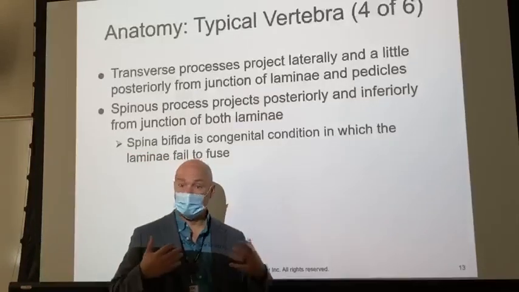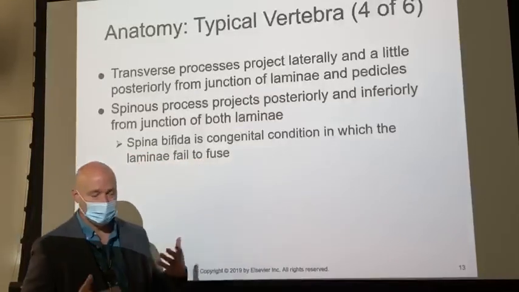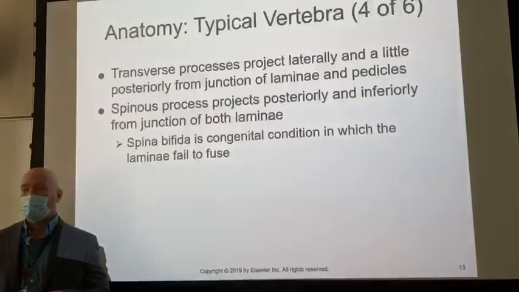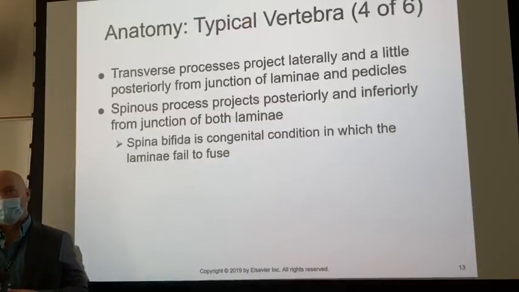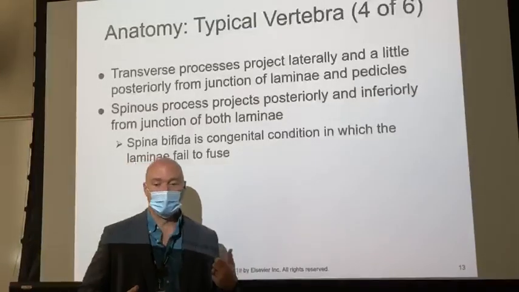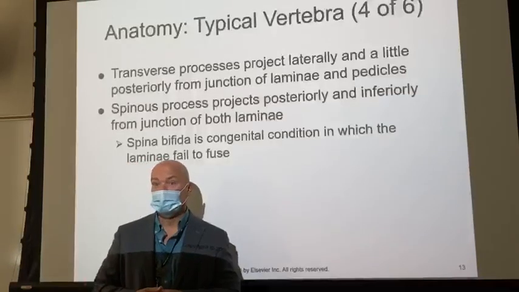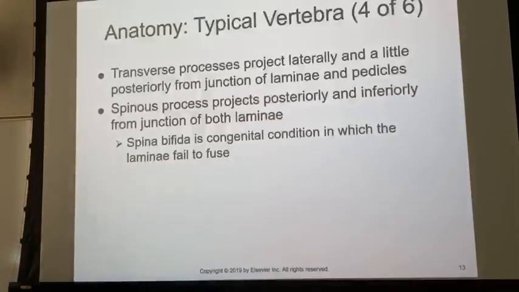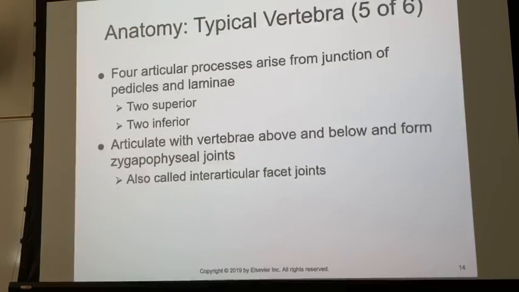With true spina bifida, what we think about when we think of spina bifida, there's a very good chance the patient would be paraplegic. So don't be surprised if you see a walk-in patient and somebody says, yeah, they have spina bifida. Most of the time, it's no big deal.